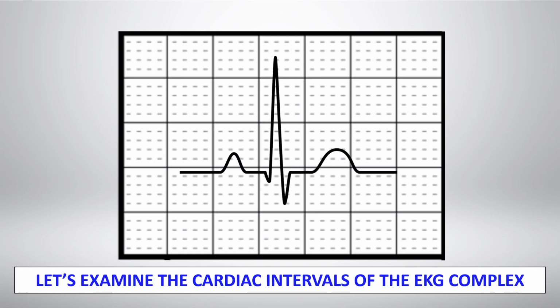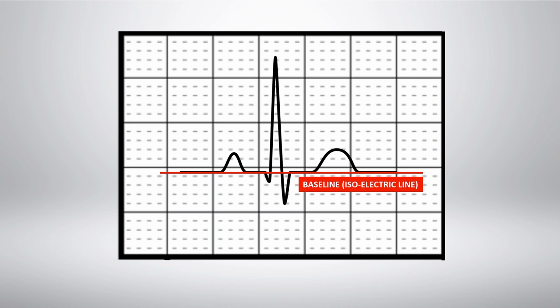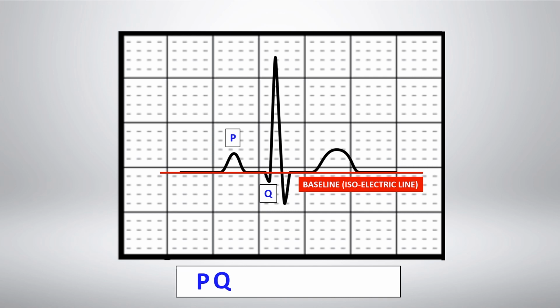Now, let's examine the cardiac intervals of the EKG complex. To measure the cardiac intervals, we use the P, Q, R, S, and T waves. Depending on the leads, the Q wave may not always be visible, and the S wave may or may not extend below the baseline.